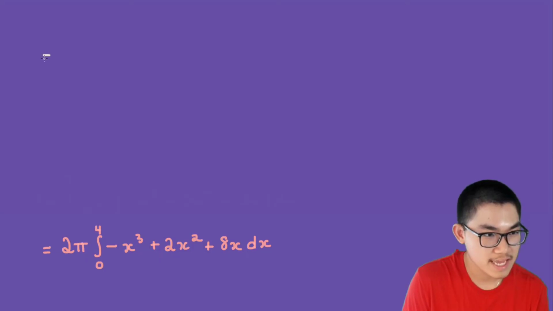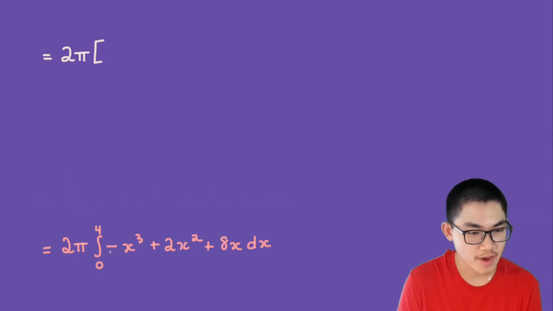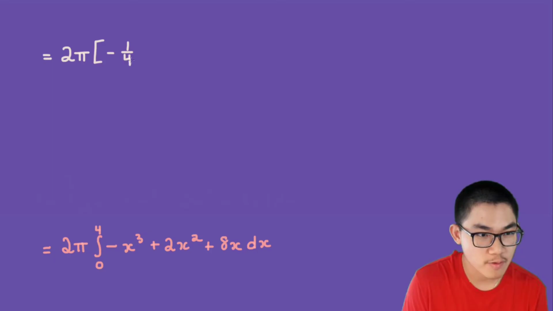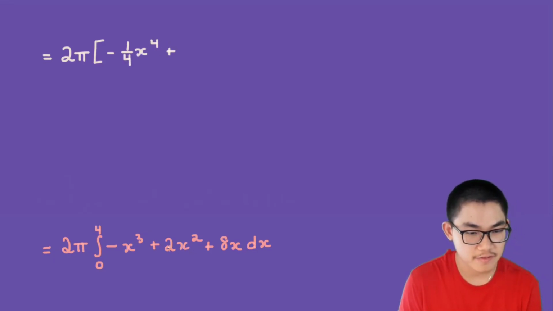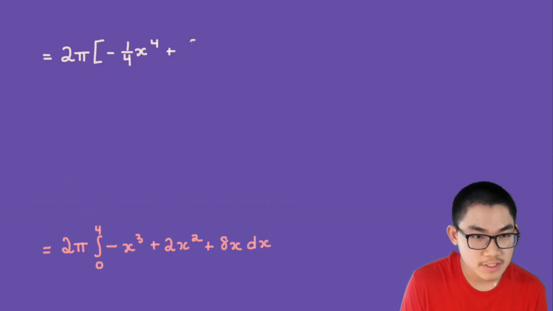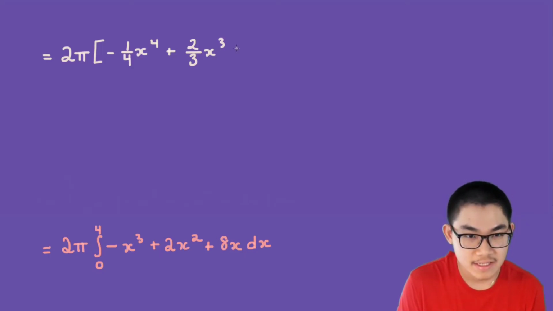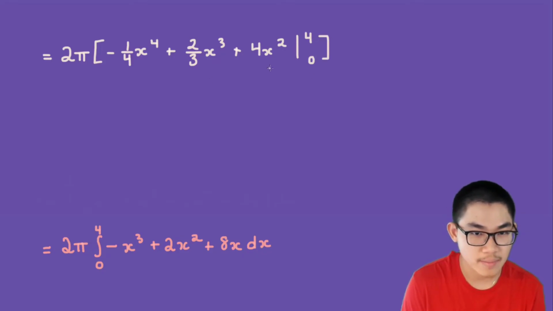This will be the same as 2 times pi times the antiderivative of negative x to the power of 3, which is just negative 1 over 4 x to the power of 4, plus the antiderivative of 2x squared, which is just 2 over 3 times x to the power of 3, and the antiderivative of 8x. So that's going to give us 4 times x to the power of 2, and the boundary goes from 4 to 0. And let's substitute all of them in.